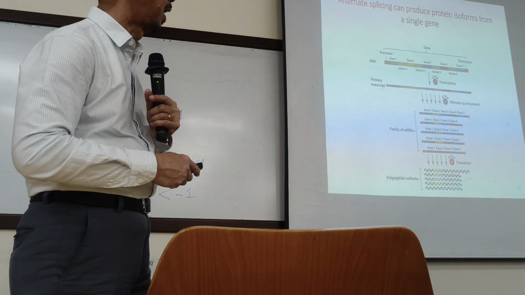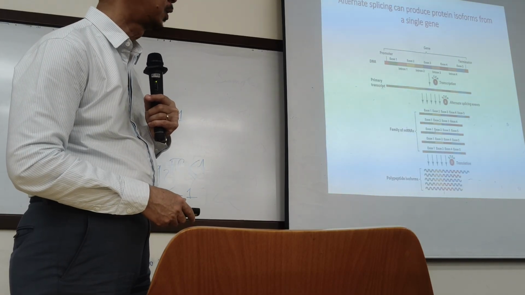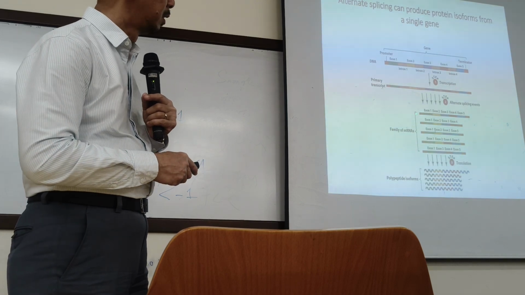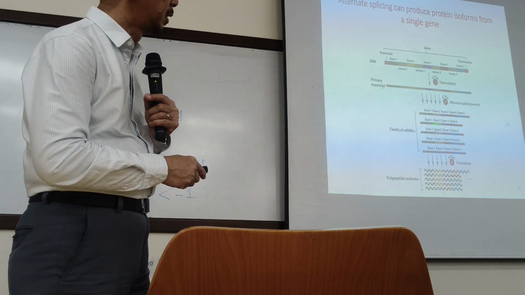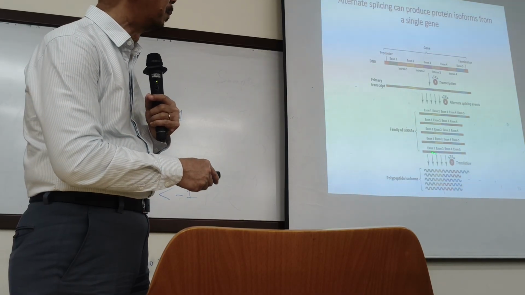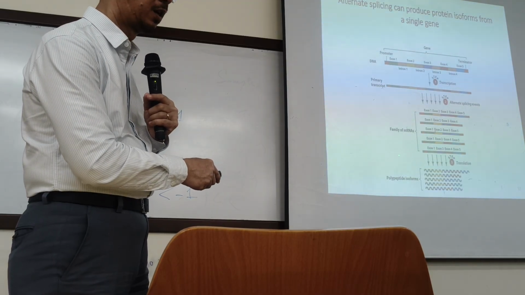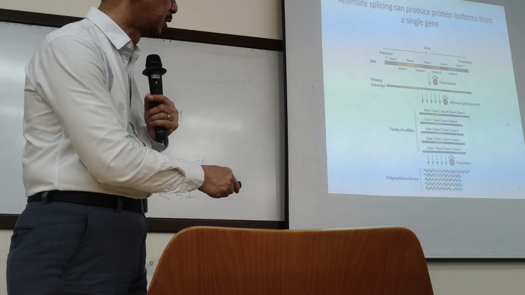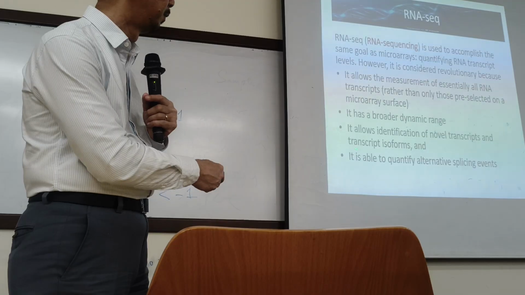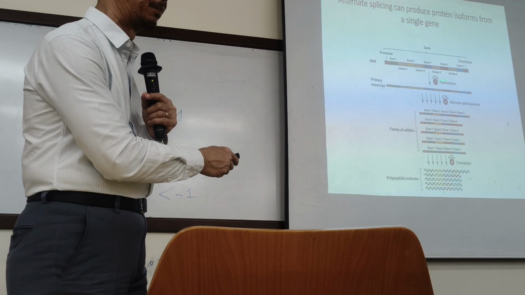Okay, and then splicing events happen to remove introns, and after that, different combinations of exons generate different mRNAs. Different mRNAs come from the same gene, and we call the families of mRNA synthesized into protein isoforms. Okay, transcript isoform, if they come from the same gene.